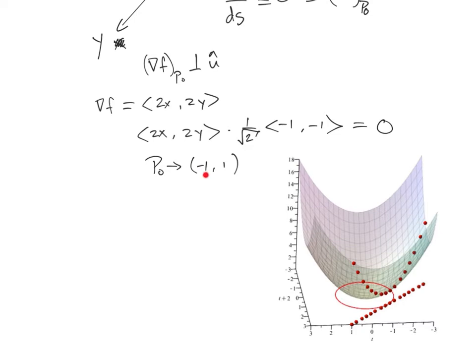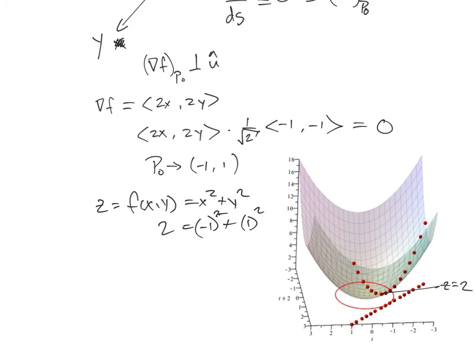If you put x = -1 and y = +1 into our function, z is equal to f of xy, which is equal to x squared plus y squared. I get -1 squared plus 1 squared, so obviously it has to be equal to 2. So this is for a z value of 2. So this level curve is x squared plus y squared is equal to 2.